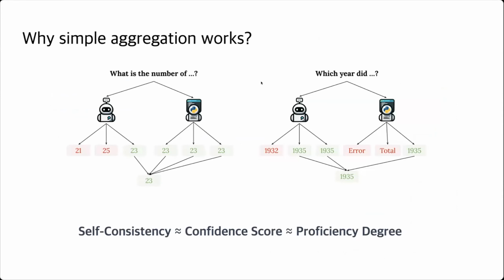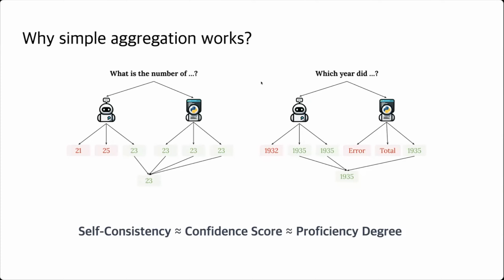The effectiveness of simply aggregating the different reasoning paths can be understood in the context of the ideas in tree of thought reasoning, and shares some ideas with offline reinforcement learning. The self consistency can be seen as an indicator of the model's confidence in the generated output.